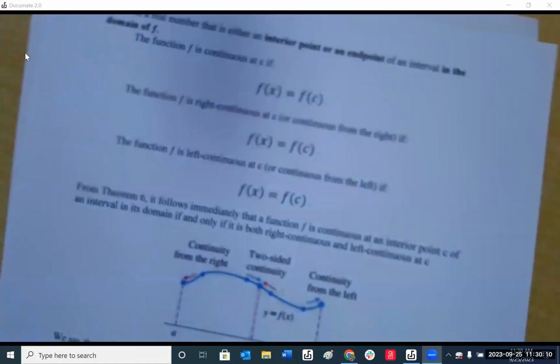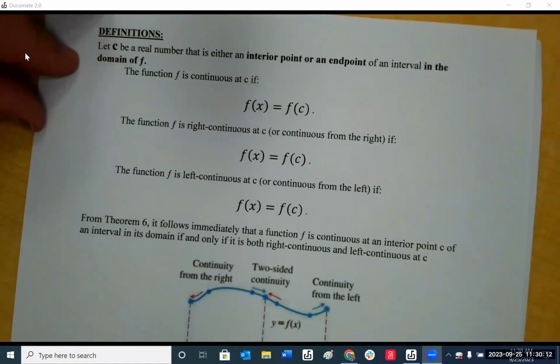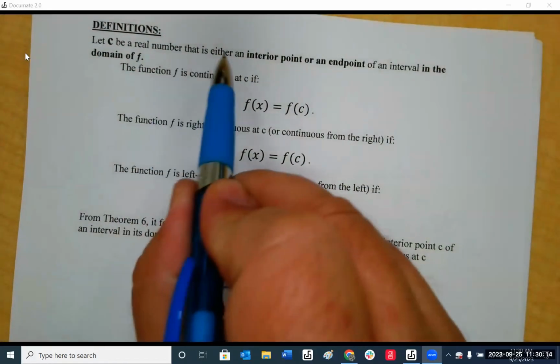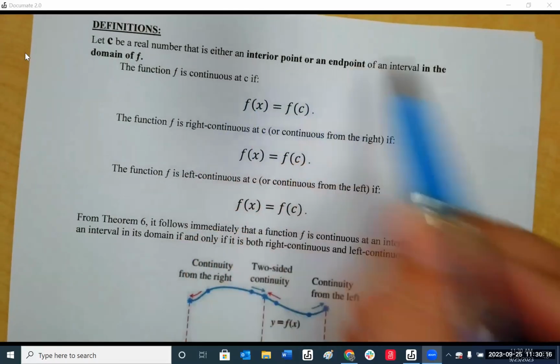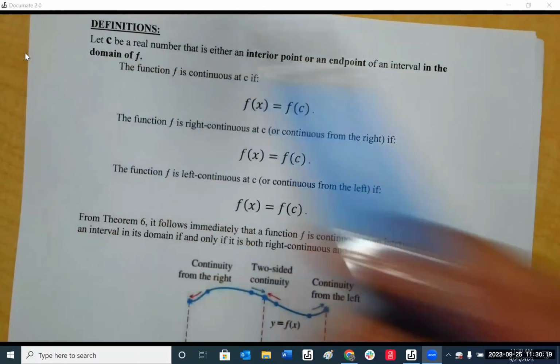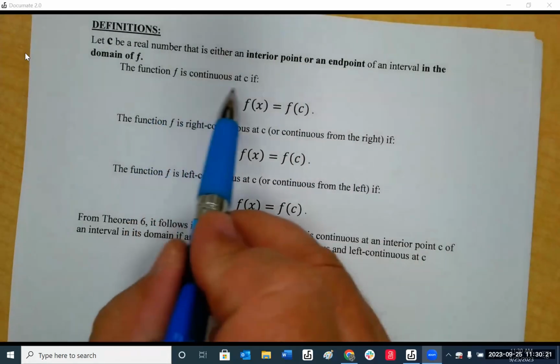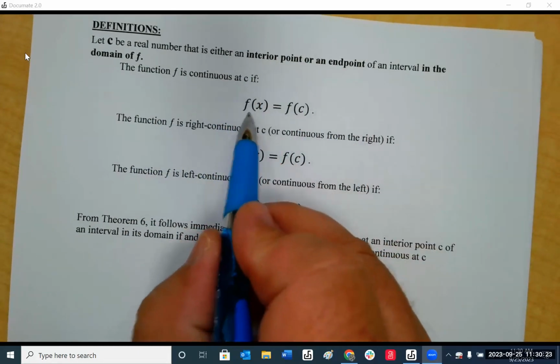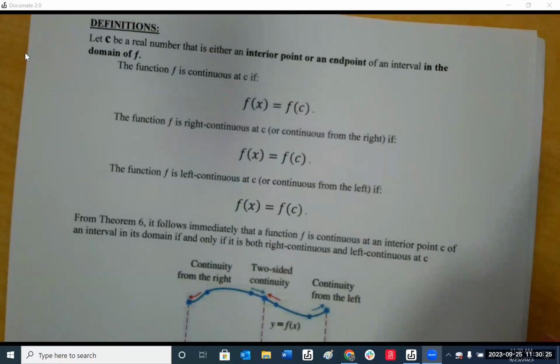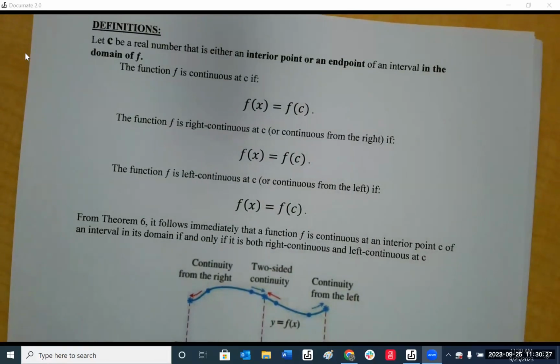Let's look at this. This is what we just talked about. Now I went ahead and put it on here. Let c be a real number that is either an interior point or an endpoint of an interval in the domain of f. The function f is continuous at c if the limit of f of x as x approaches c equals f of c. Remember, it has to exist at the point.